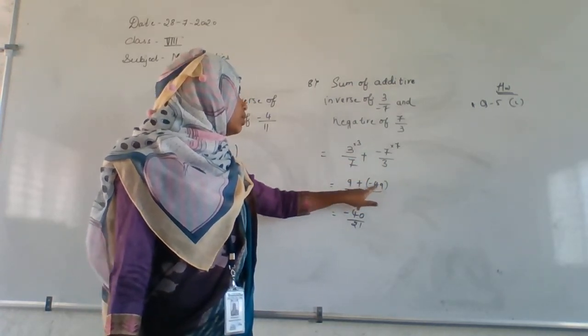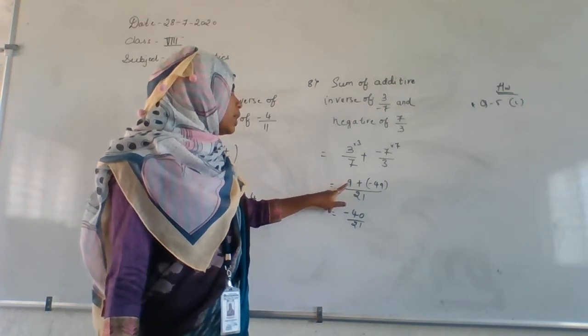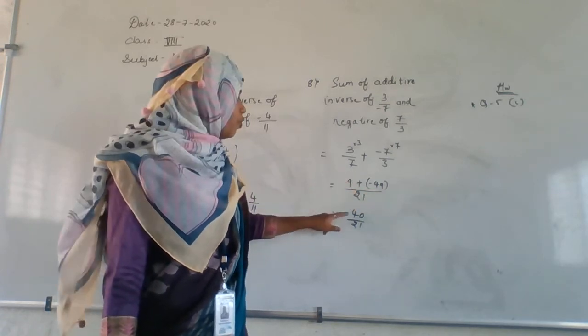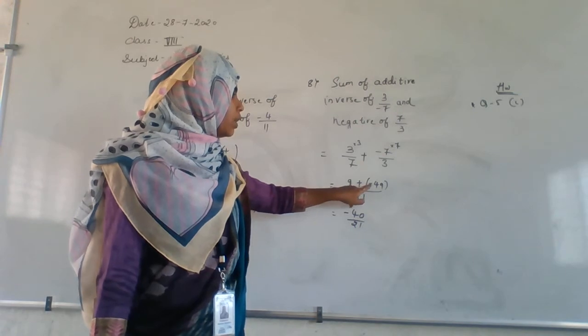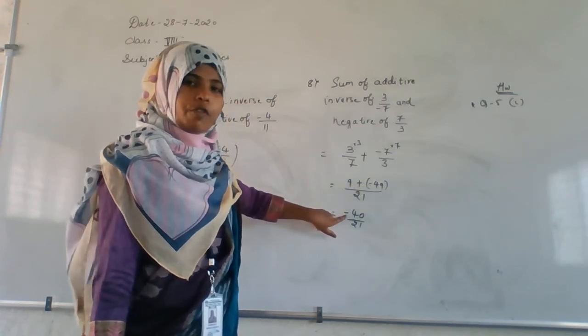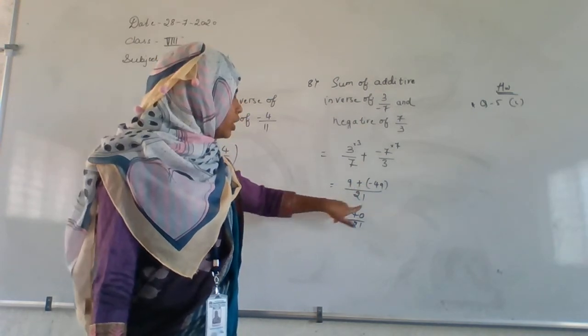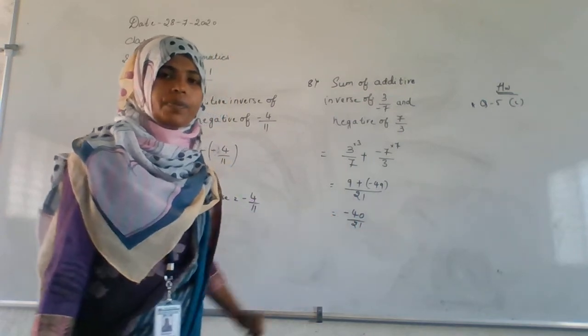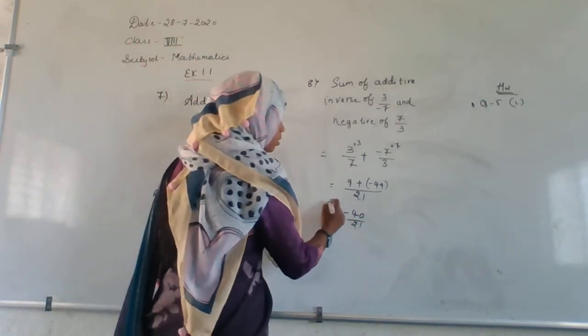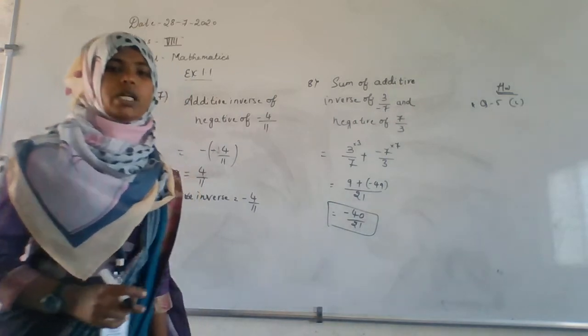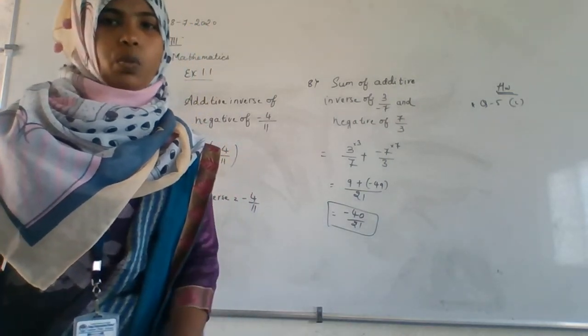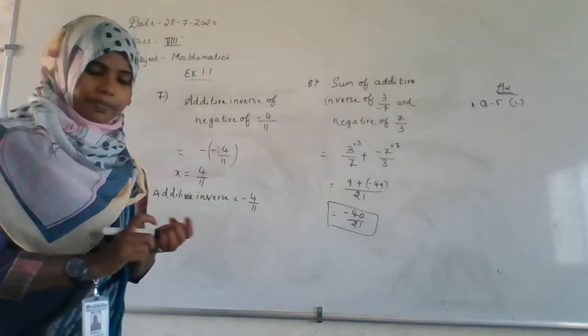Now deduct 9 from 49, that is 40, and the bigger number has the negative sign, so I am keeping the minus sign. Our answer will be minus 40 divided by 21. Okay, next.